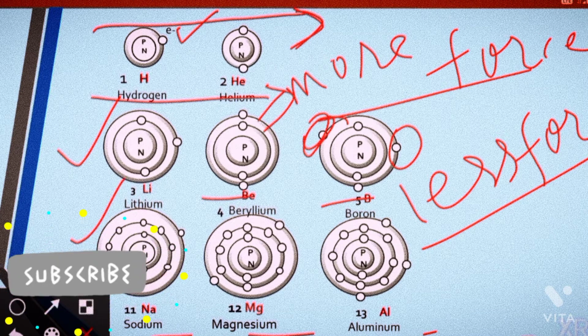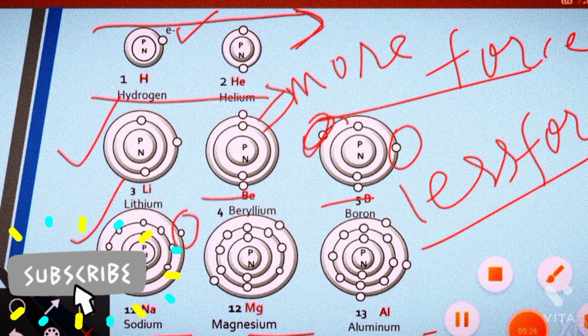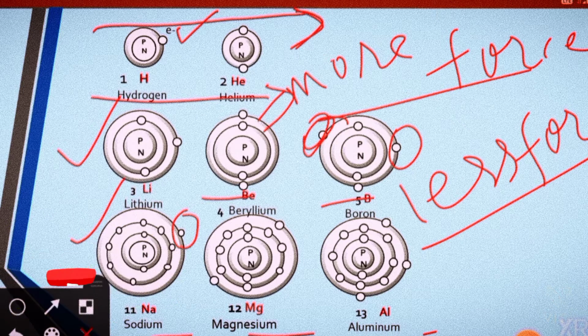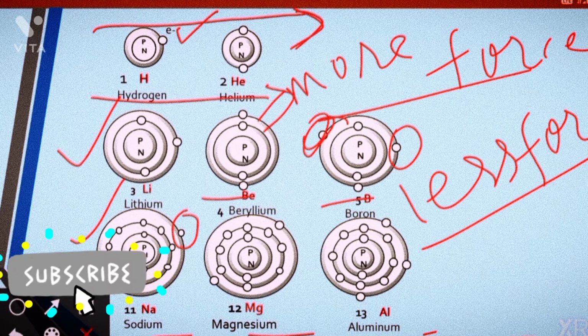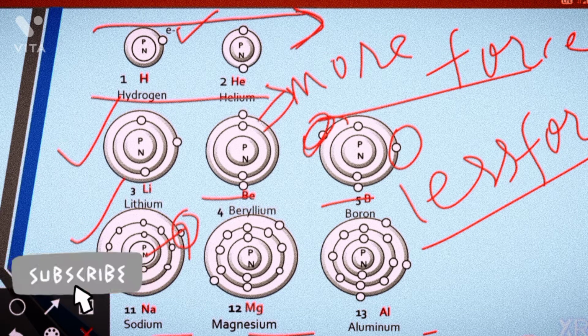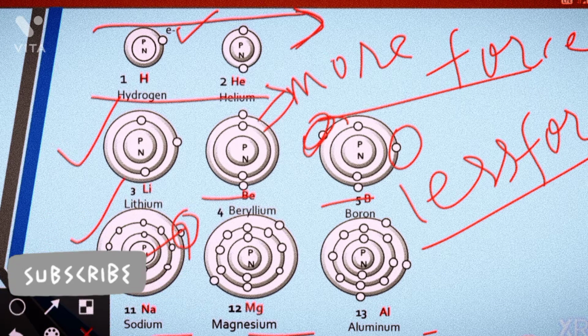Sodium, because in its outermost shell only one electron is there, and one more factor is distance from the nucleus. In sodium the third shell is the outermost, and the third shell is farther than the second shell.